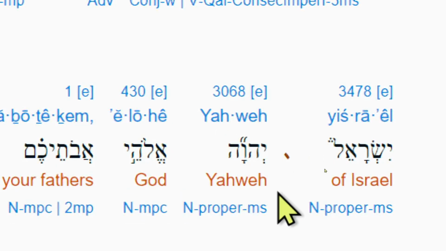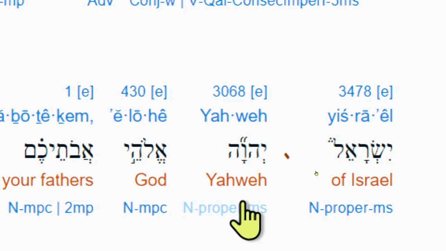That is a shva under the yod, meaning that sound is prominent there. It's yah, yah. And then you have a vav, and they absolutely do say that it is a vav because they're putting Yahweh. They're starting the second syllable with a W.